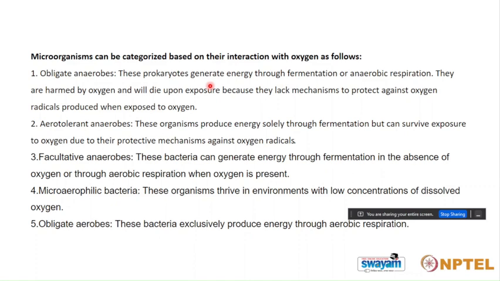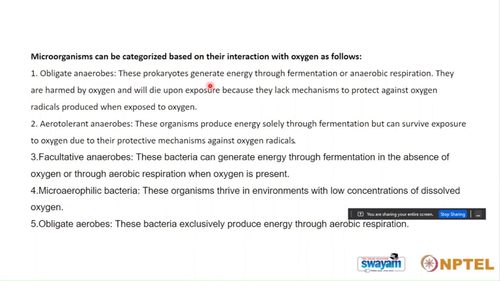These anaerobes rely on fermentation to gain energy, and they can survive in an oxygen-containing or aerobic environment. But basically they are anaerobes. So these organisms are termed aerotolerant anaerobes.